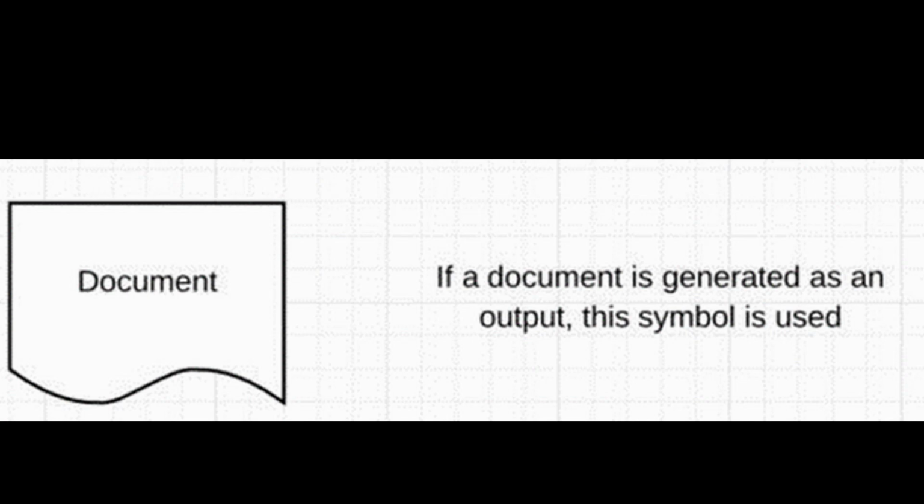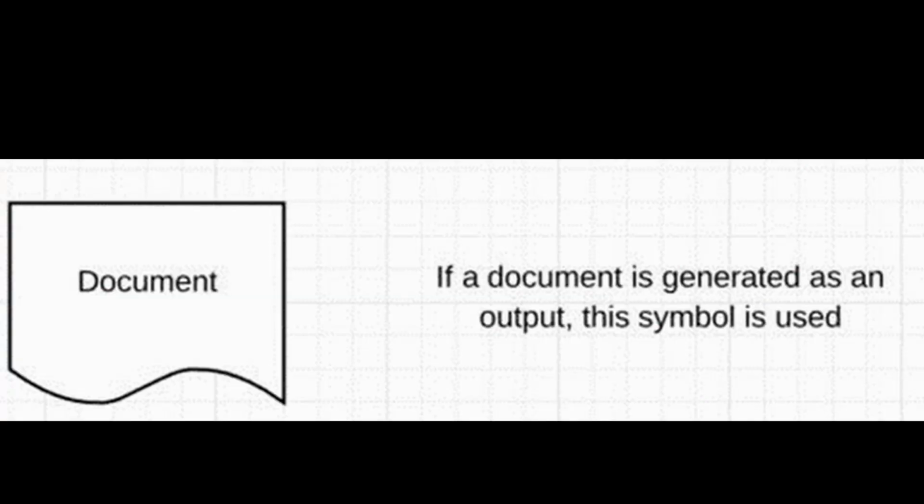Okay, and then we have this shape right here called a document. So if, for example, the output or the data that you are giving to the user is in the form of a document, for example, at the end of your program you're going to print out a hard copy document, or maybe you are going to generate a file, like maybe a picture, that is a document, right? It's not just text you are showing on the screen.